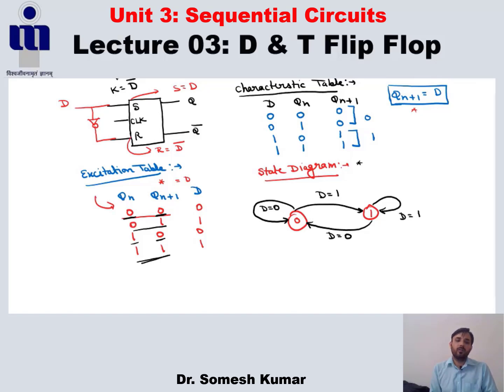You know how to add asynchronous inputs to our flip-flops. We already discussed 2 asynchronous inputs, that is preset and clear. So if this is a D flip-flop, this is the input and this is the clock, and here we can represent preset and clear, and the outputs are Q and Q bar.